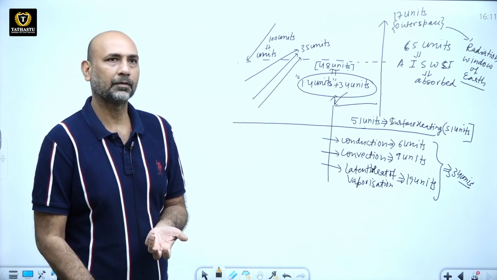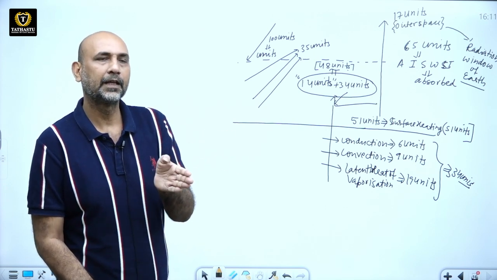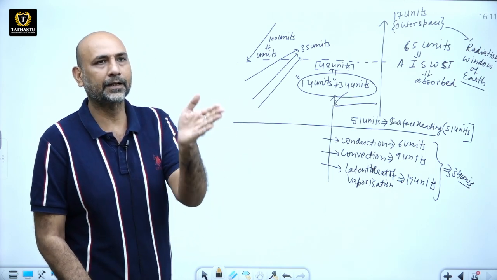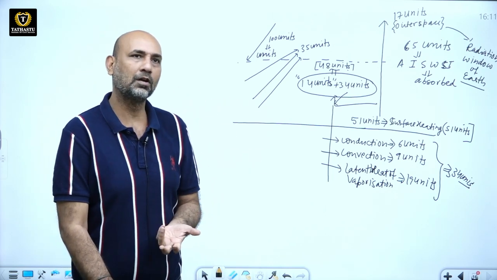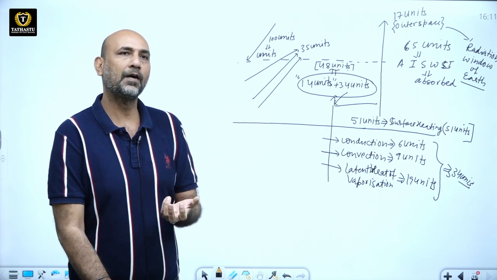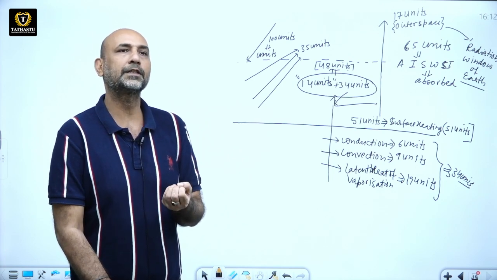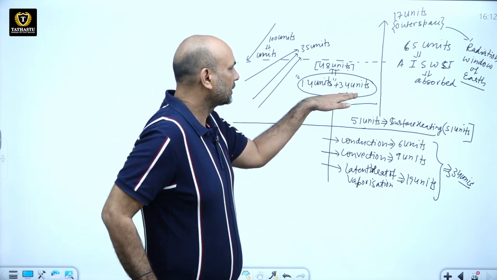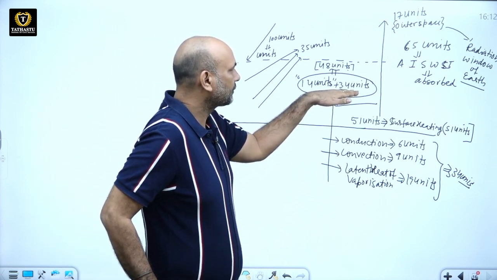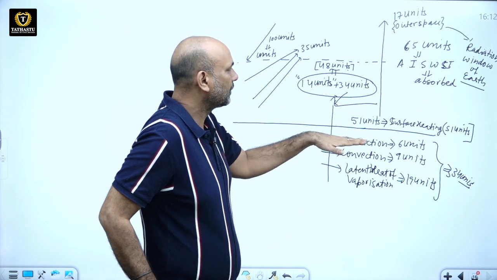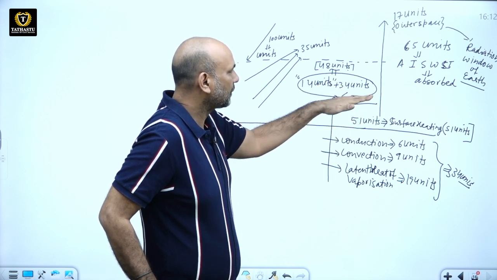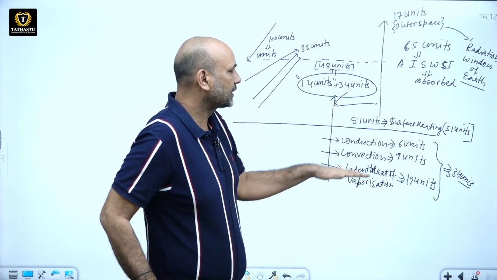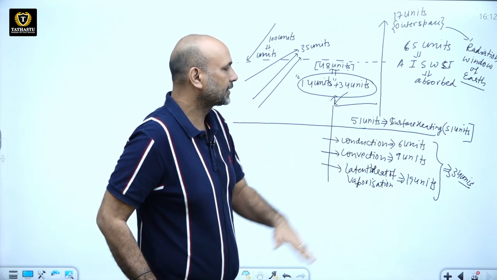Without change of temperature, if the state of water is changed from liquid to gaseous, that water vapor contains a form of energy, a form of heat which is latent. So this is the breakdown of the 34 units involved in atmospheric heating through surface heating. Conduction is 6 units, convection is 9 units, latent heat of vaporization 19 units.